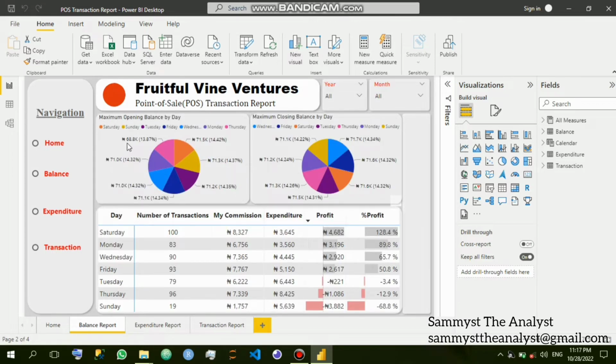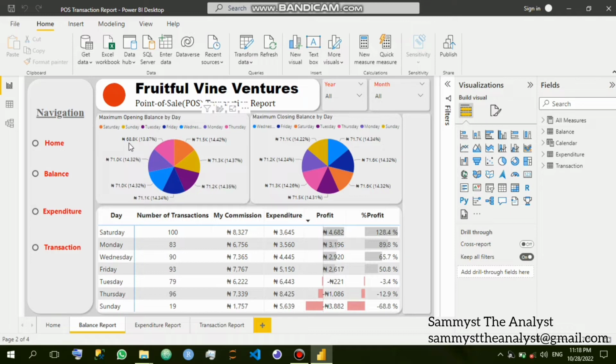I decided to create a pie chart which shows the maximum opening balance for each day. That means within the time frame of this data, I wanted to know which day has the highest amount of opening balance.